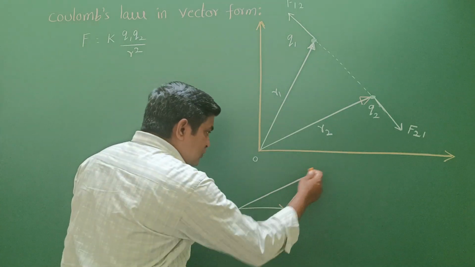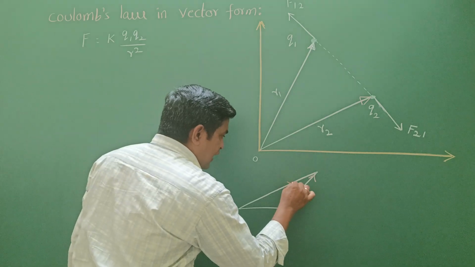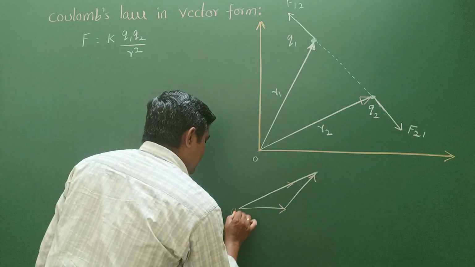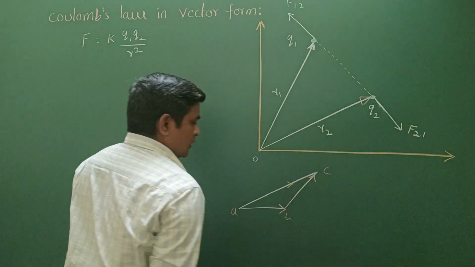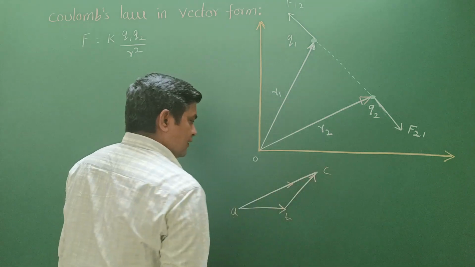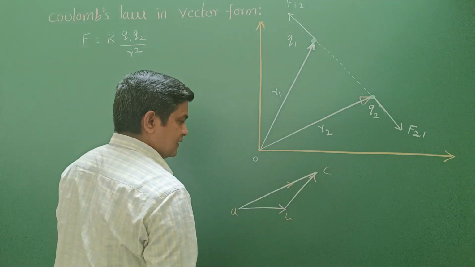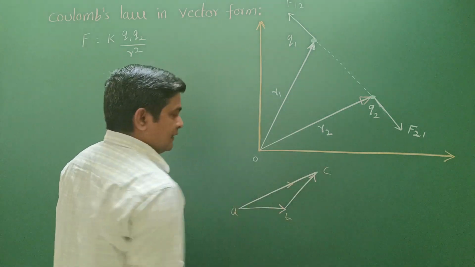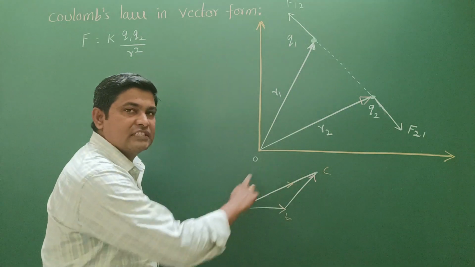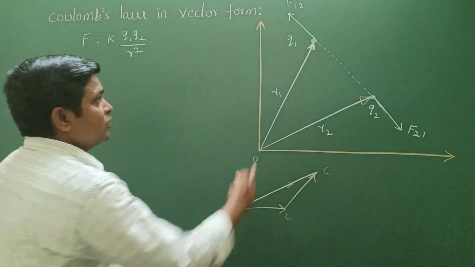It is the remaining third side, in the opposite direction. Suppose I take A, B, C. AB is one vector, BC is another vector, and AC is the resultant. The resultant magnitude is AC, and its direction is along the closing side of the triangle.